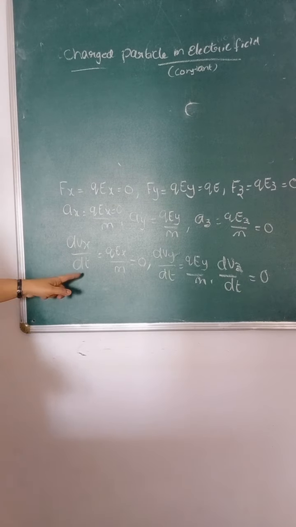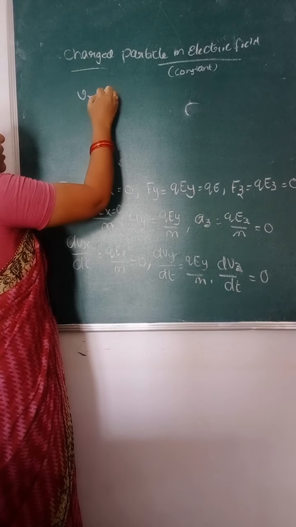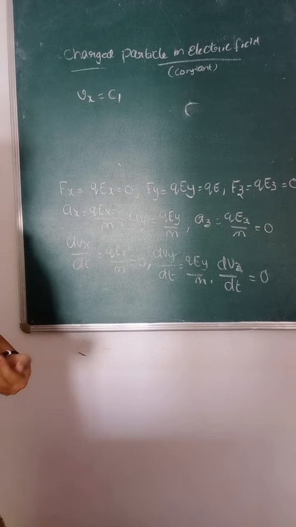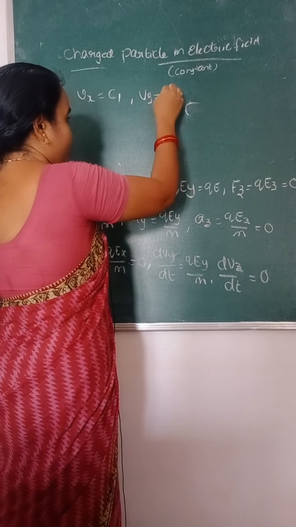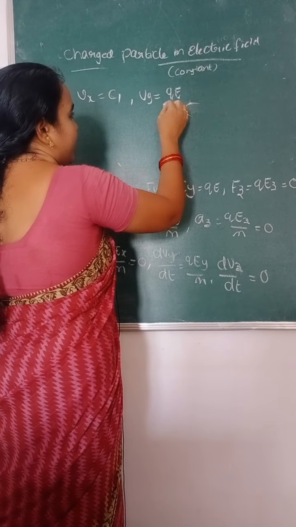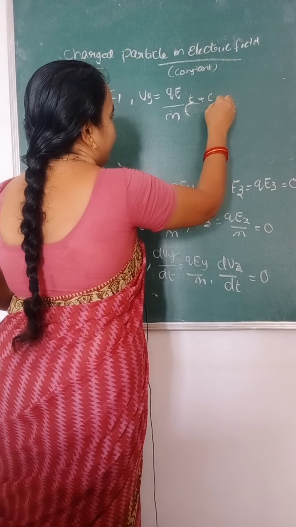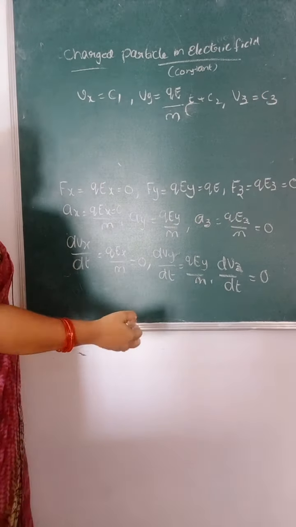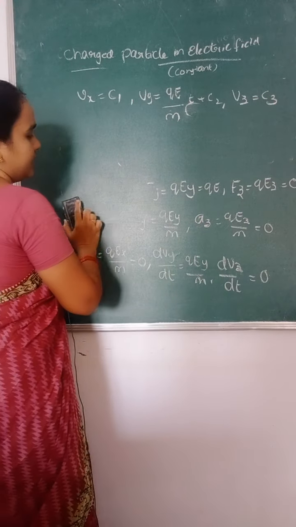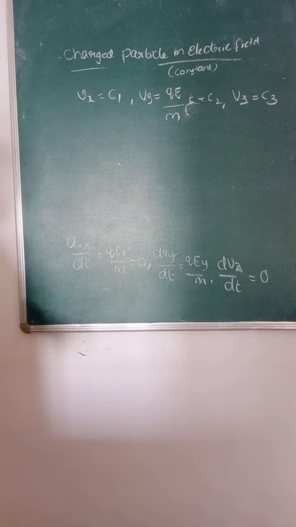Then integrating, we get Vx equal to some constant C1, and upon integration we get Vy equal to QE by m into t plus C2, and Vz is equal to C3, where C1, C2, C3 are the constants of integration.